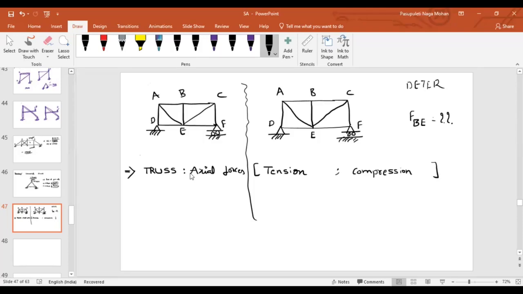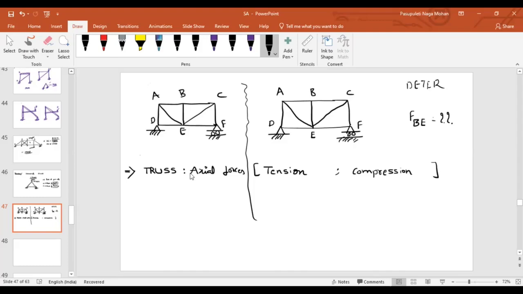And as I told you in the previous classes also, every time it is difficult to represent the direction of the force. As we are talking about the internal arrangements of the members, we are not talking about the support reactions. As we are talking about the reaction of the members due to the applied forces, we can say whether they are under tension or under compression. But again, in calculating, it will be difficult.